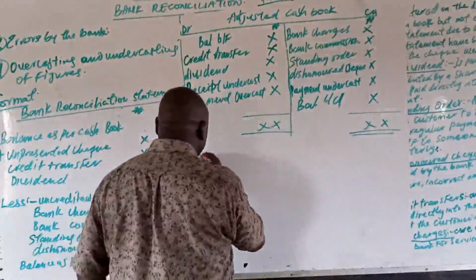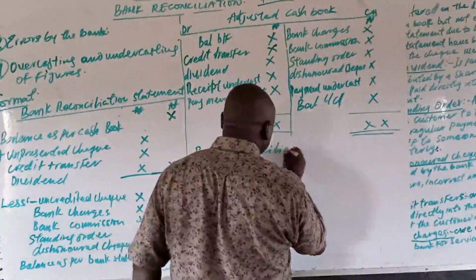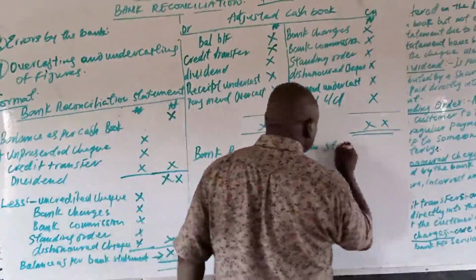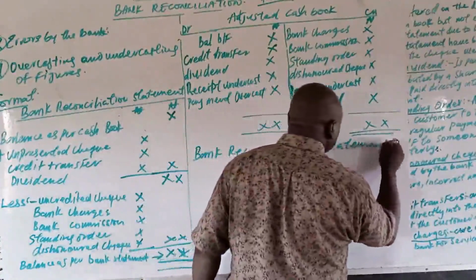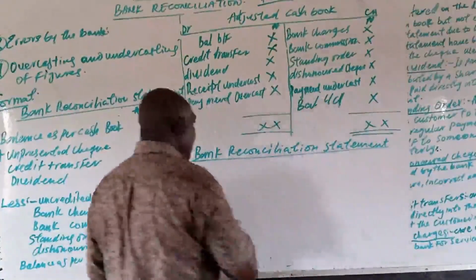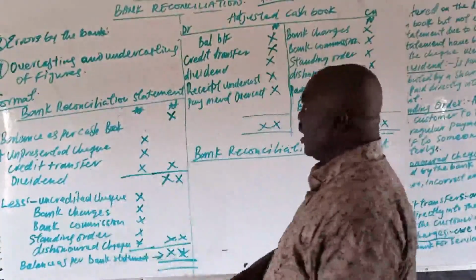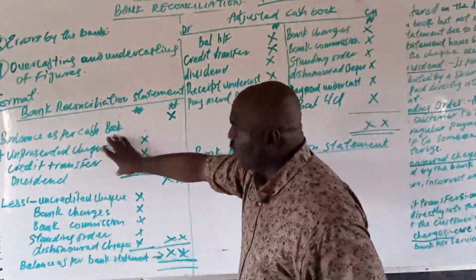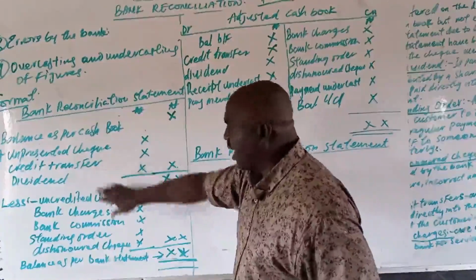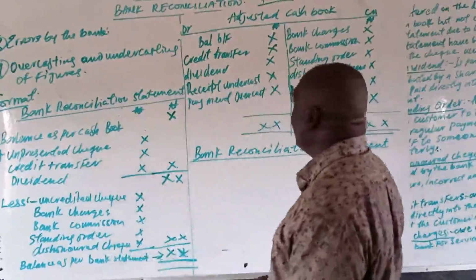Now we now prepare the bank reconciliation statement. Now you start unlike this. The credit transfer, the dividend, the bank charges, the bank commission, and all these will not appear.